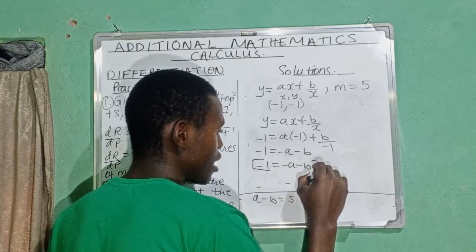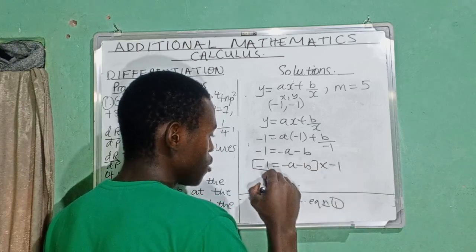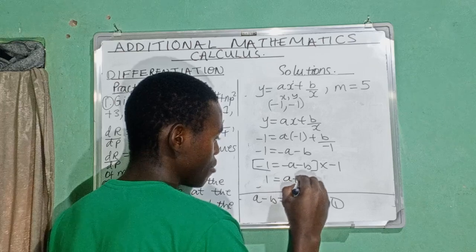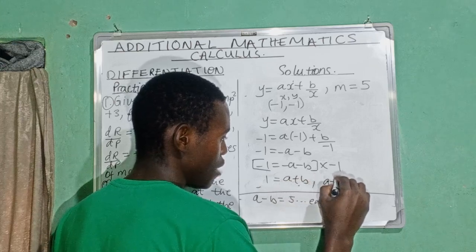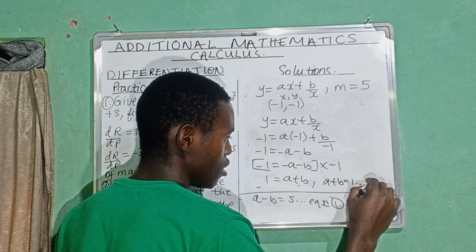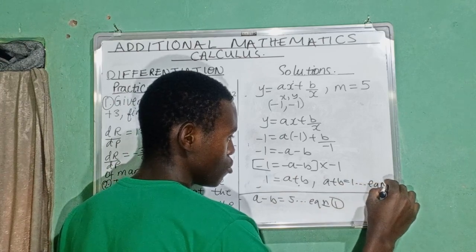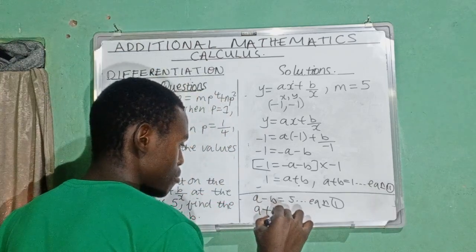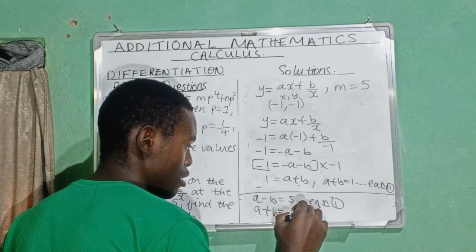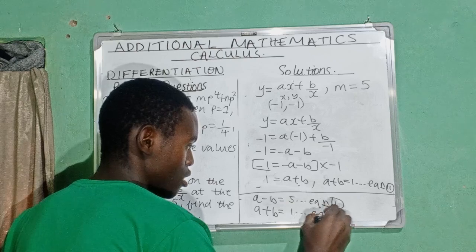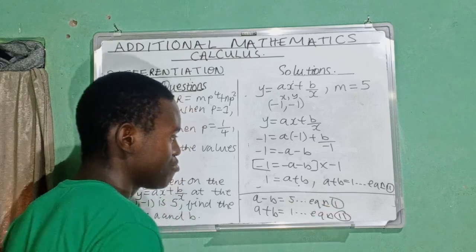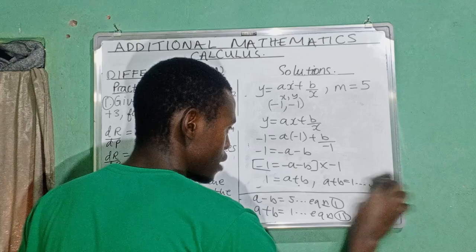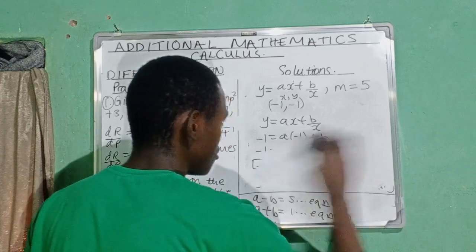We multiply by a negative throughout, and we have 1 is equal to a plus b. So a plus b is equal to 1, that's your equation 2. Then we solve these two equations simultaneously to find the values of a and b.